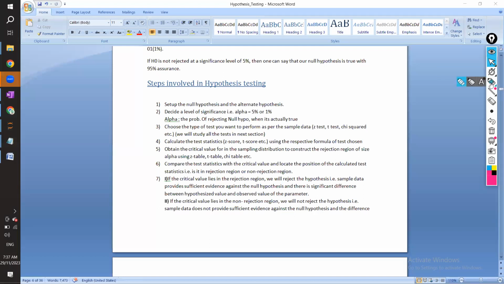Okay, let's focus back. For any hypothesis, first the null and alternate should be formulated. After that, you need a level of significance, that is alpha. Alpha is the probability of rejecting the null hypothesis when it is actually true. What does that mean?